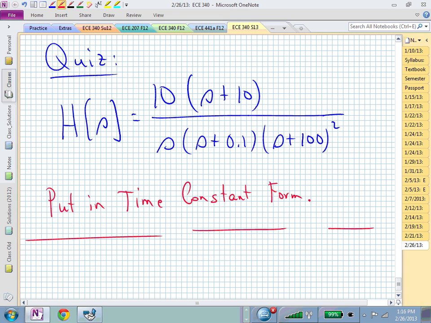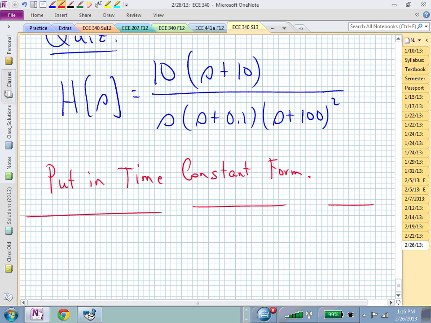I try to do it one at a time so I don't confuse myself. So the first thing I would probably do is just, in terms of thinking of this, I would probably say, well, let me just identify the poles and the zeros just so that I have my bearings. Do I have a finite zero?